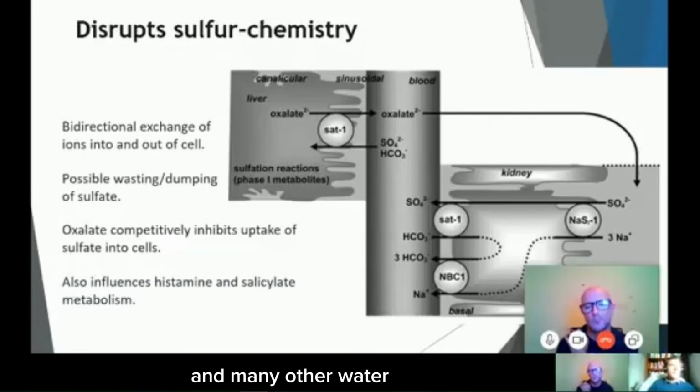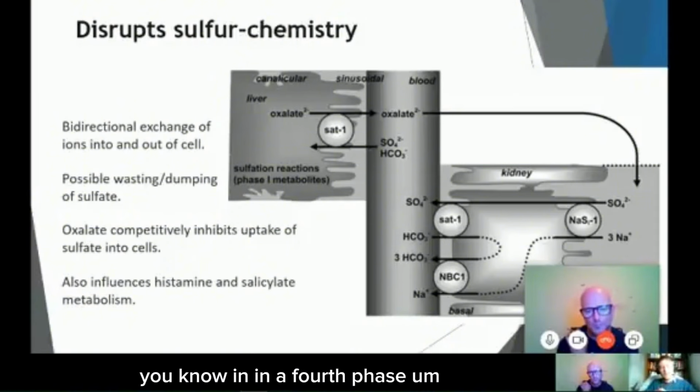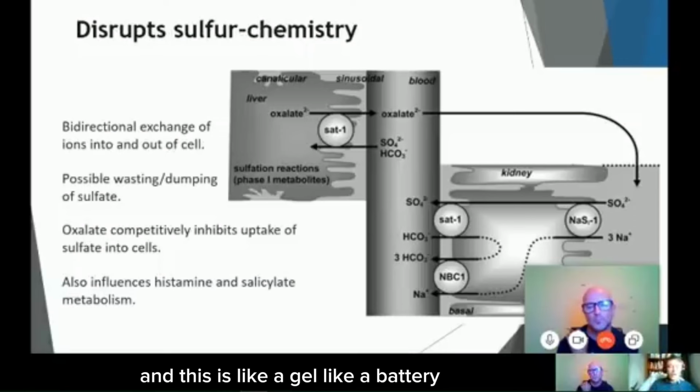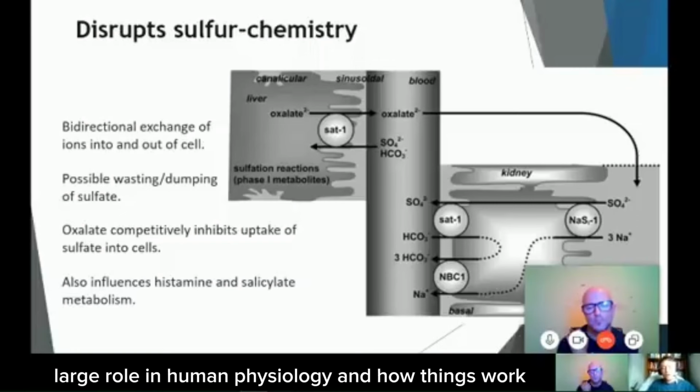So the work of Dr. Gerald Pollack and many other water scientists in recent decades has basically shown that water can exist in multiple different states, in a fourth phase. And this is like a gel, like a battery. It can act like a battery for sunlight, and it probably plays a very large role in human physiology and how things work.